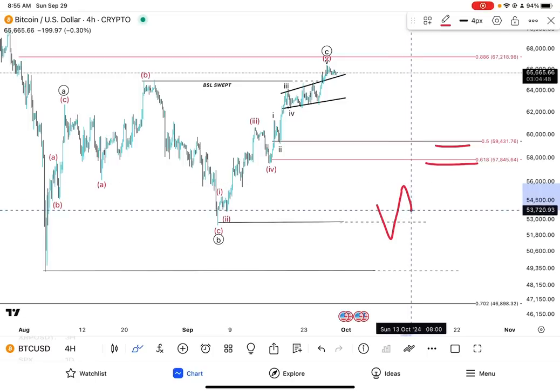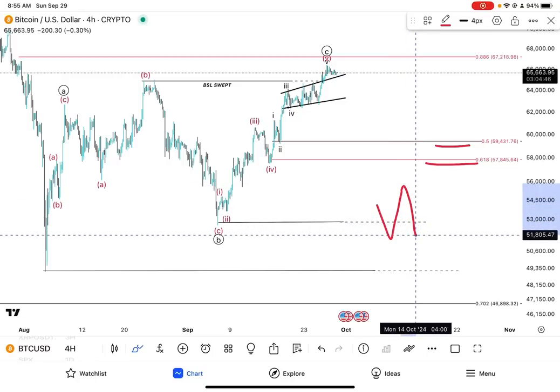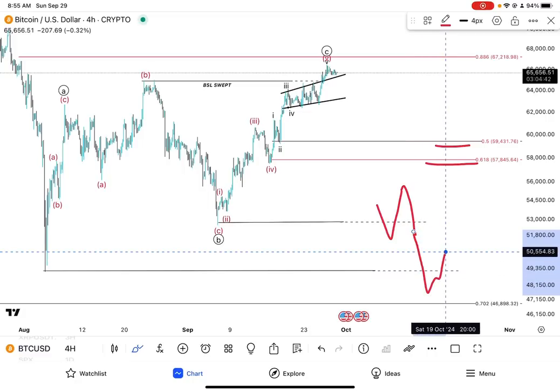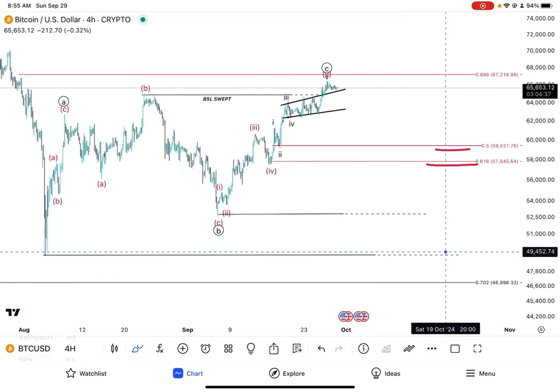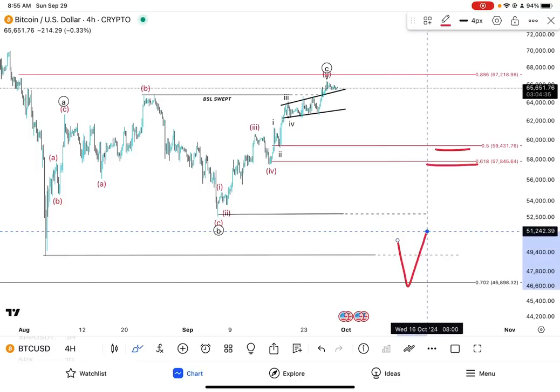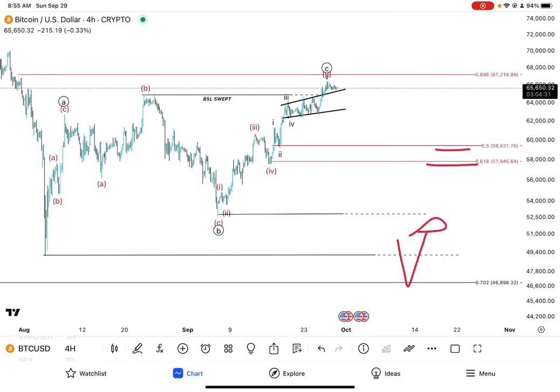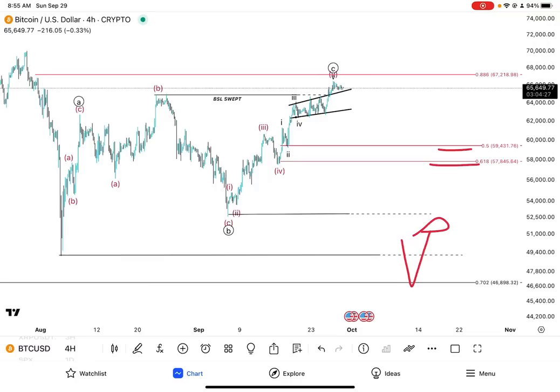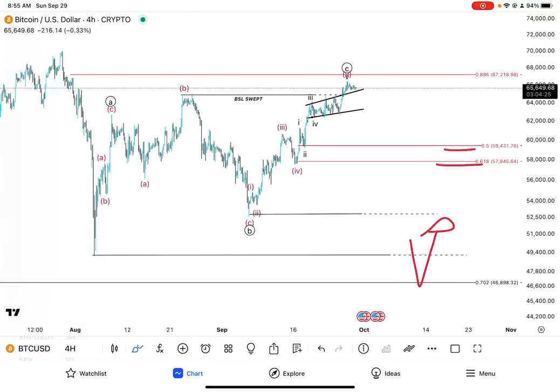This would likely be a failure to break or failure to make a change of character. Then we come down over here, but we would sweep this low over here towards the 702, like this, at 46,898.